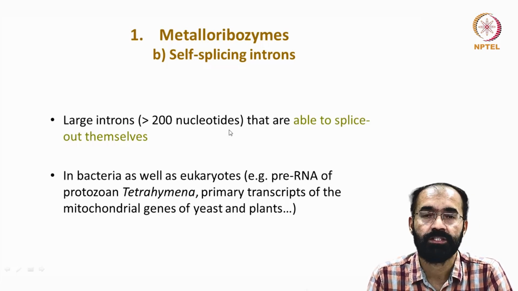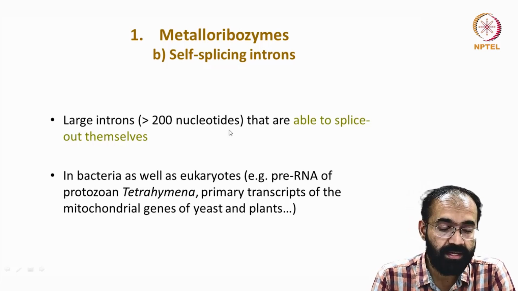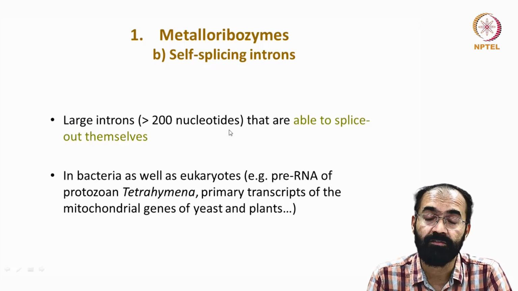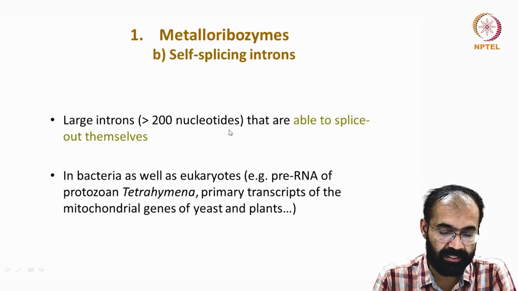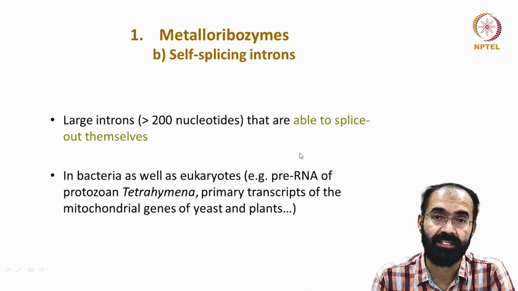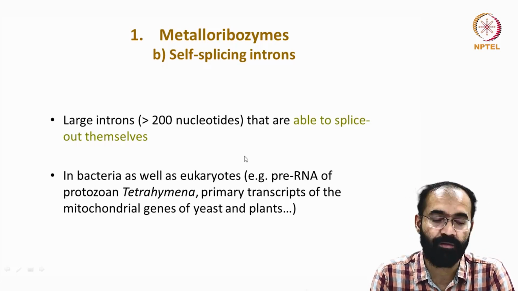Those regions which need not be present in the mature form are called introns. For a self-splicing intron, you need roughly 200 or more nucleotides in length, and then they will be able to splice themselves out without any intervention.